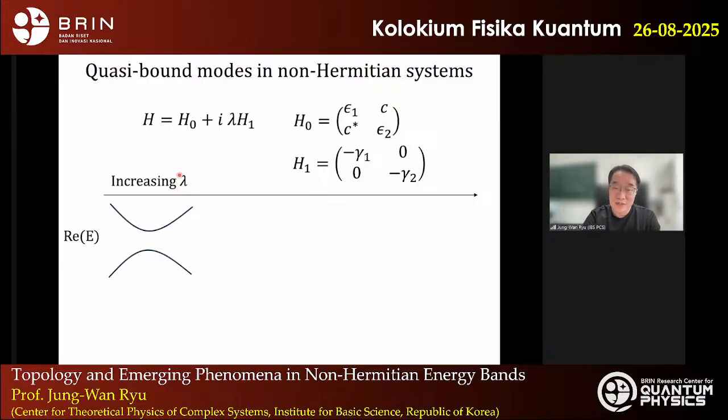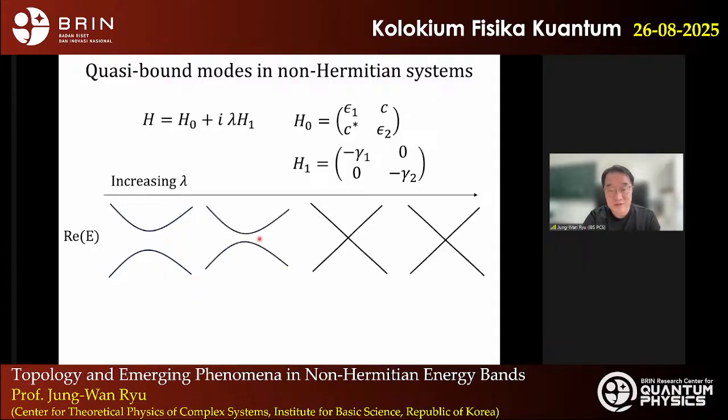If gamma is small or 0, the real part of the energy shows the avoided level crossing like this, and the gap size is smaller. And after a critical value, they change into crossing behavior like this.